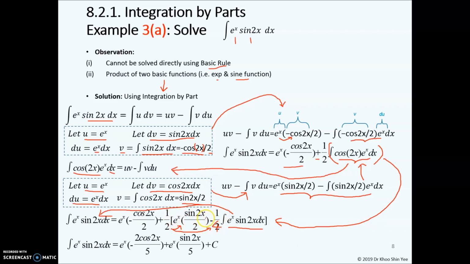After you multiply, you should get this answer. And you move the 1 over 4 integration part to the left hand side. So it becomes positive, plus 1 over 4. So 1 over 4 plus 1, in total you get 5 over 4.